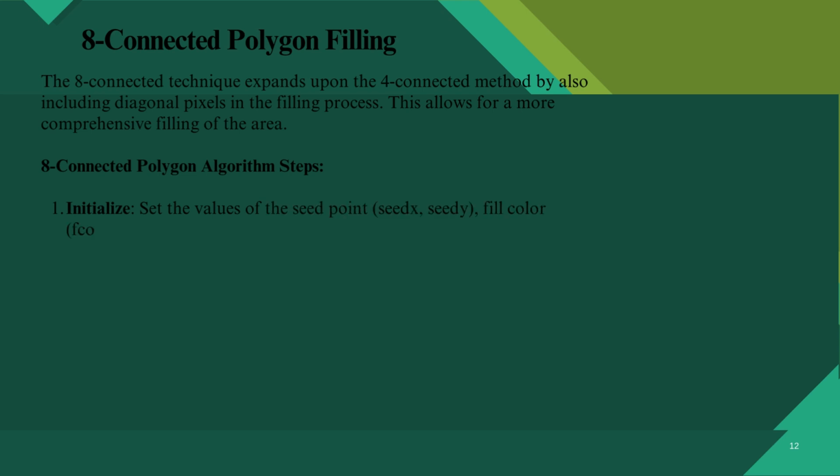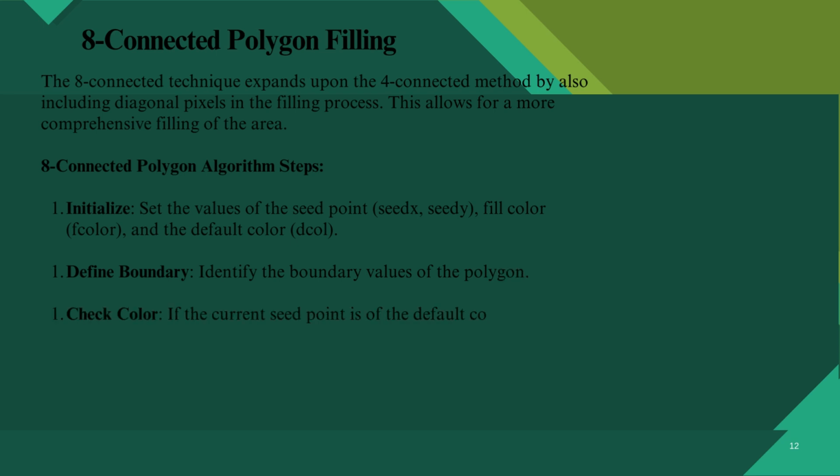First, we have to initialize, set the value of the seed point, fill color and the default color. Next, we have to define the boundary, identify the boundary values of the polygon. Third, we have to check for the color. If the current seed point is of the default color, continue to the below steps until a boundary is reached. Next, we have to set the color.